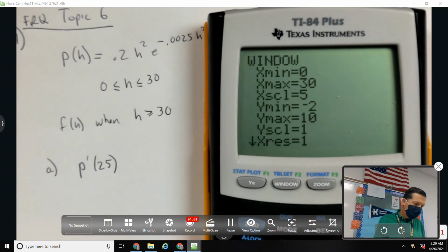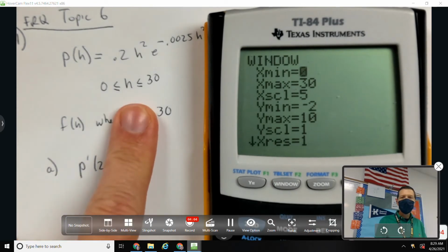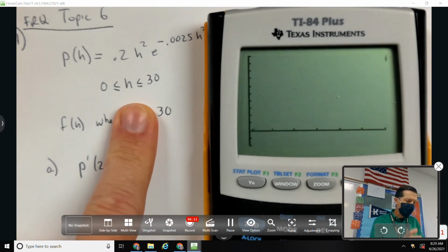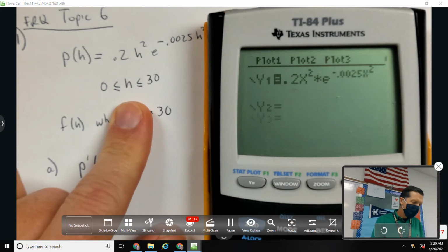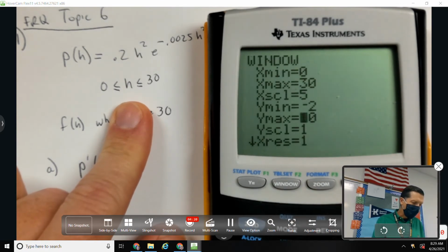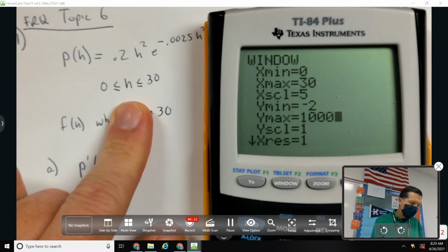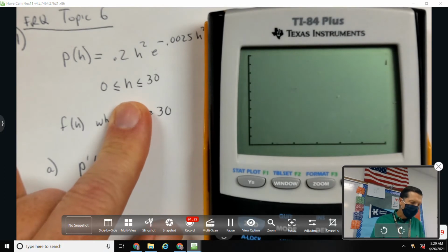Window, I already know I can go 0 to 30 for the x. I have no idea what the y unit should be, so I'm just going to graph it negative 2 to 10 and see. Okay, so that's way off the page. So my y max should be much bigger. Got a little too ambitious on that one.